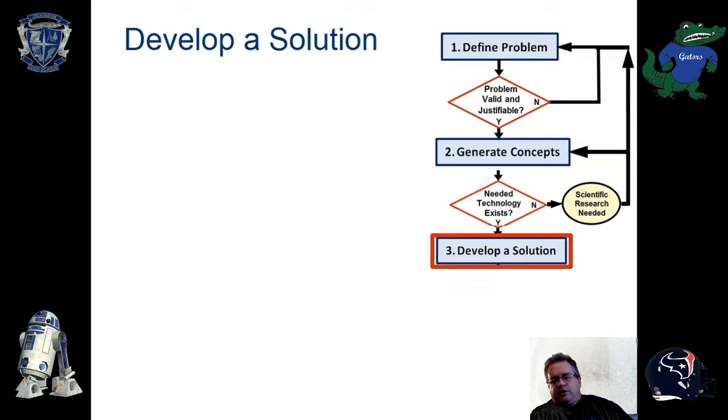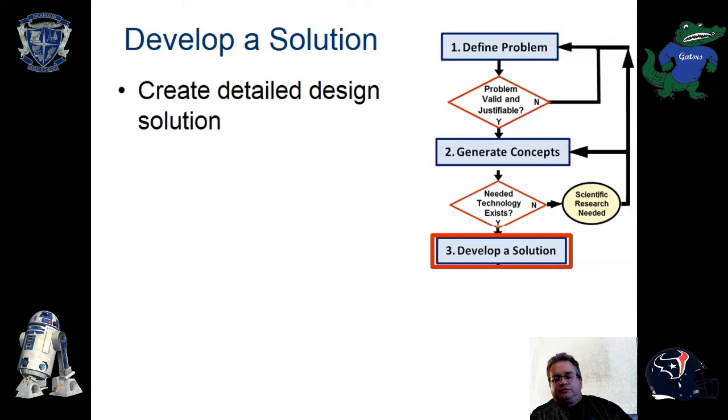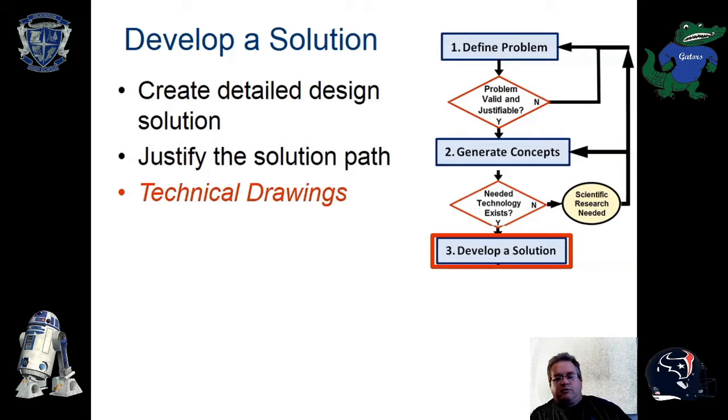Let's say you do have that control hub and you can add on the extra wires and motors. You develop a solution off that. Scientific research needed. Let's say you have to go back. How far do you go back to find a new problem? Instead of a robot that can score, you're going to design a robot that can defend.